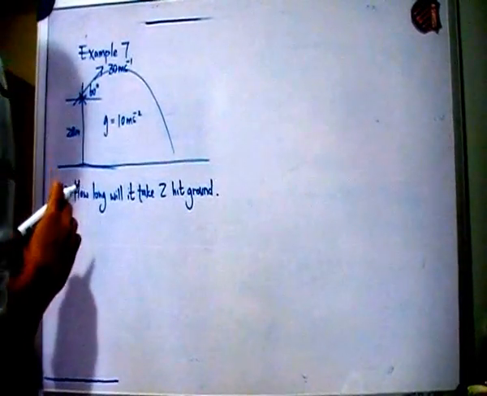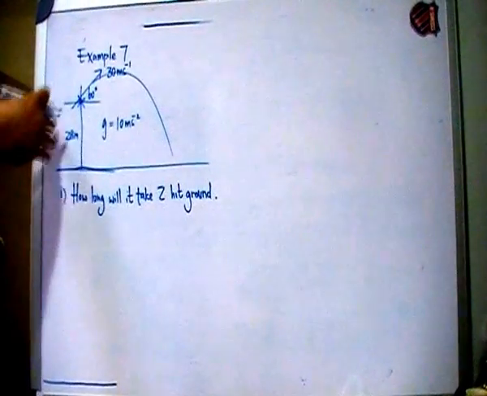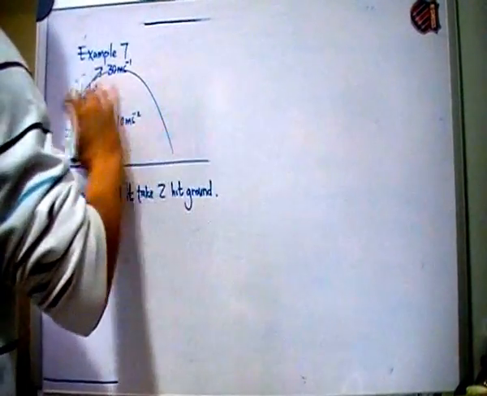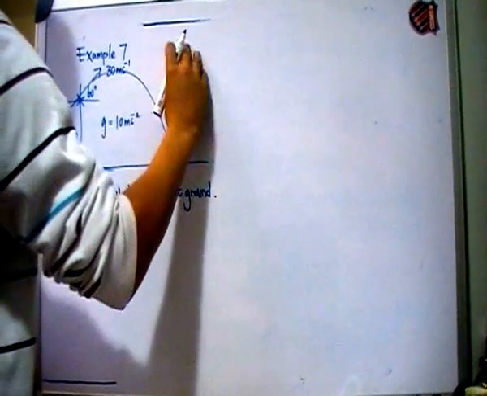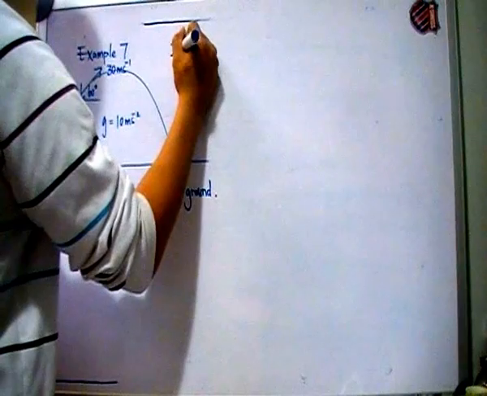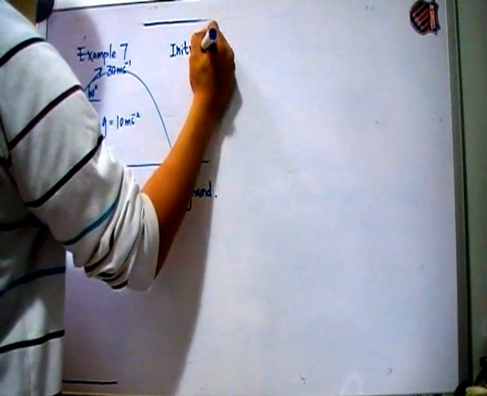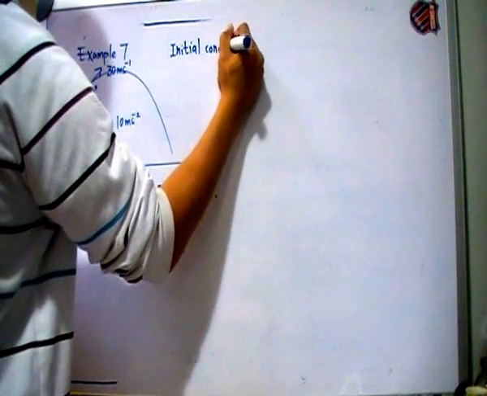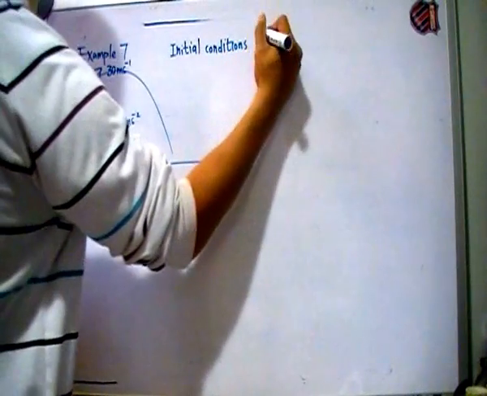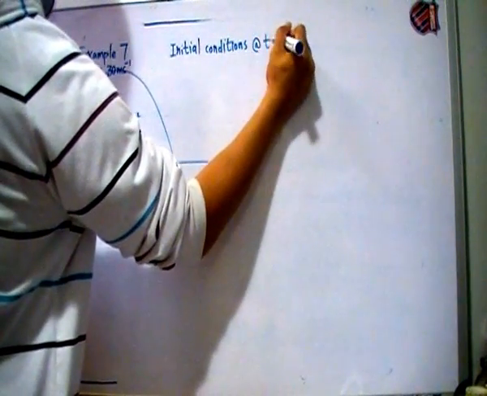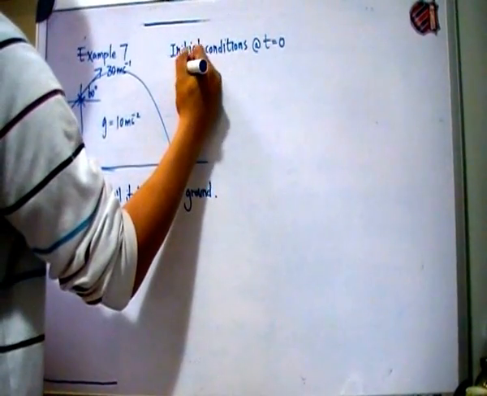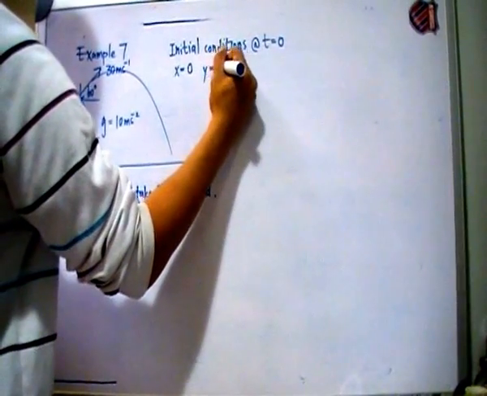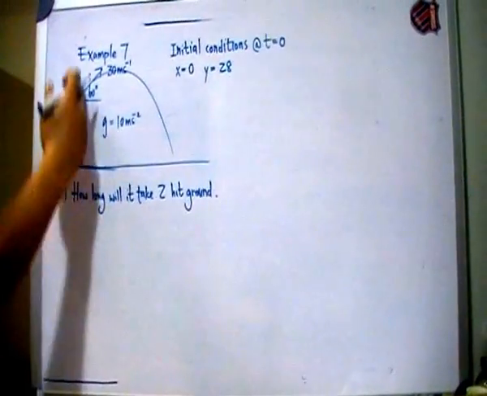This is the diagram that you should have, and then the initial conditions. Very important that you write these. Initial conditions means at t equals 0. Your x starts at 0 once again, and your y is now starting at 28 meters above the ground.